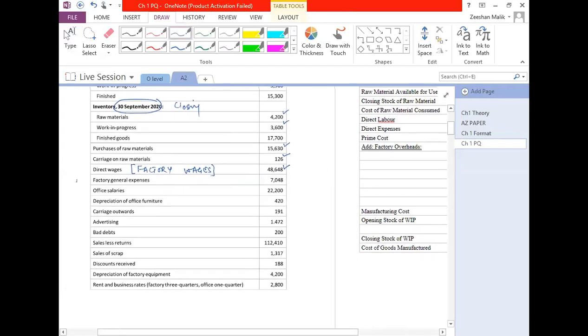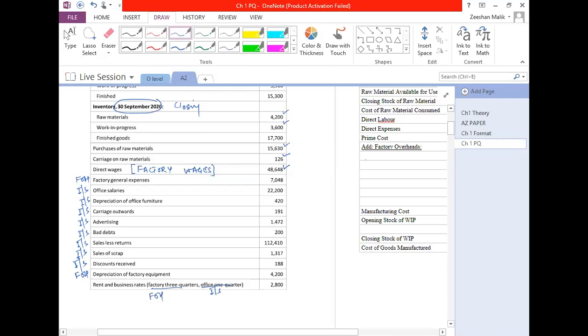Factory general expenses, factory overhead, office salaries, income statement, depreciation of office furniture, income statement, carriage outward, income statement, advertising, income statement, bad debts, income statement, sales, income statement, sales of scrap, income statement, discount received, income statement, depreciation of factory equipment, factory overhead, and factory overhead and income statement.